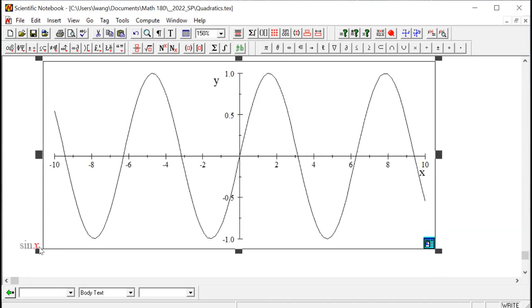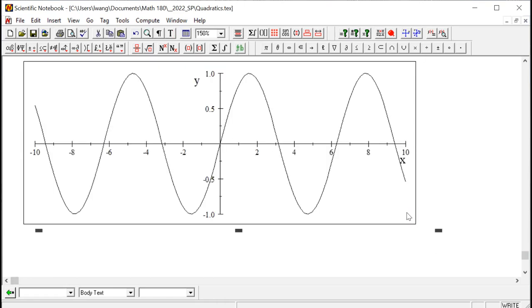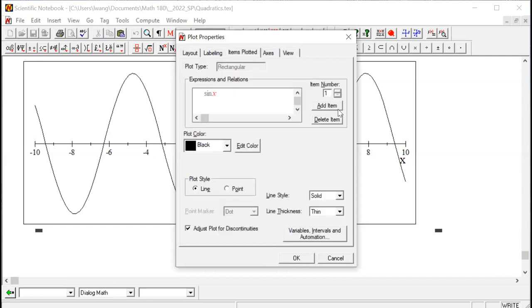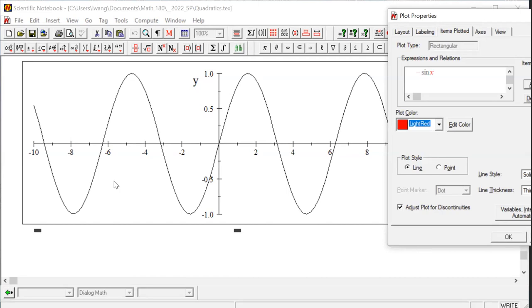Okay, so this phenomenon is not unique. I'm going to plot negative sine x, and this is going to be red. Before I plot it, what do you expect negative sine x will be? Opposite, right? The output will be the opposite of sine x.